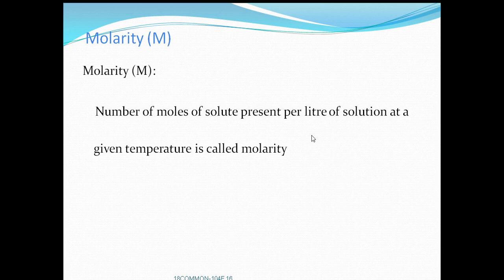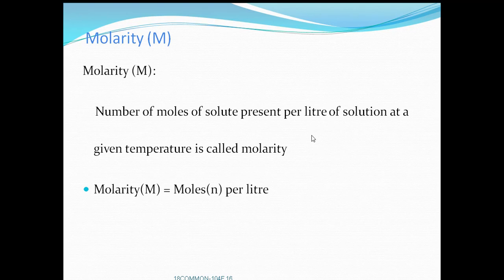So we are taking 1 liter of solution, and how much substance, that is solute, is present in that solution, that is called molarity.